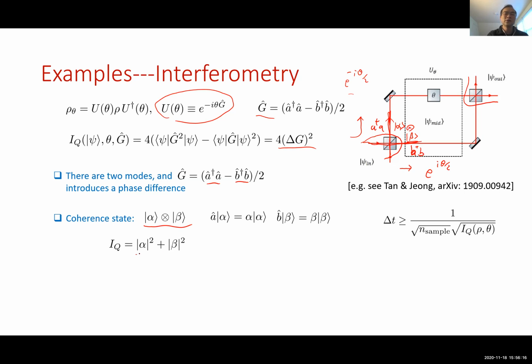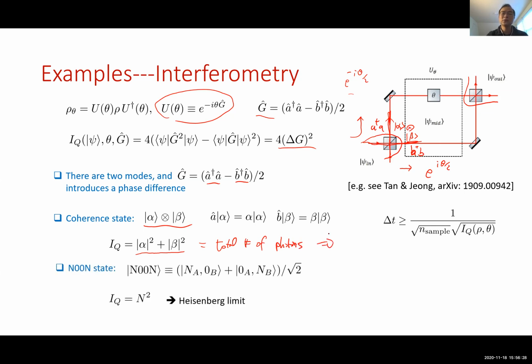You see that the Fisher information is really the total number of photons. So this is the shot noise limit. Depending on the source that you send in to probe the phase, in this coherent state case, it is the shot noise limit.